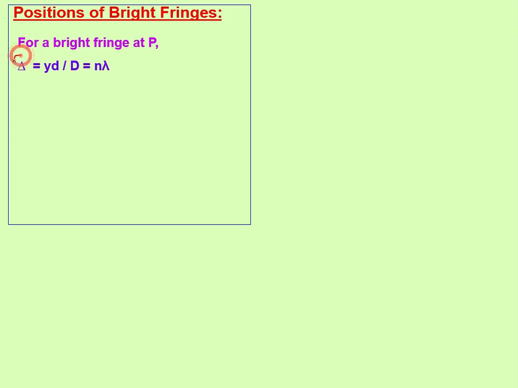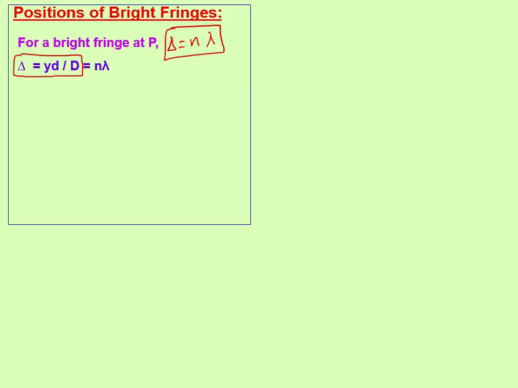So delta is y small d upon capital D, which we discussed in the previous slide, and delta is equal to n lambda, which we discussed in the slide where cos phi is 1 for maximum intensity. So cos phi is 1 for 0, 2 pi, 4 pi, etc. And in that slide we discussed that path difference is n lambda for constructive interference.